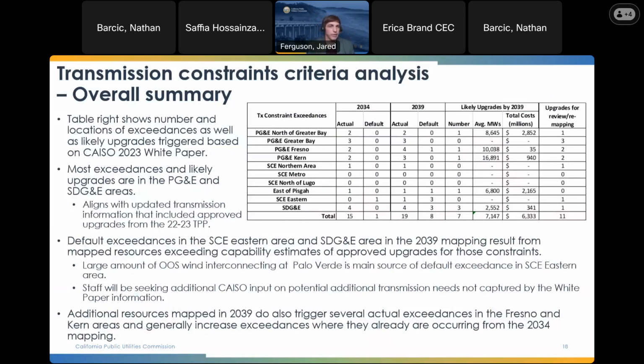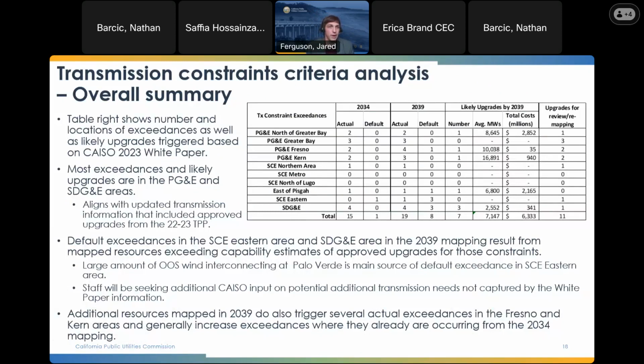The next slide. For the last, and I say this because it's the key output of the busbar mapping process, we try to assess, when we pass the portfolio to the ISO, they do their transmission analysis through the TPP to assess what transmission upgrades are needed.